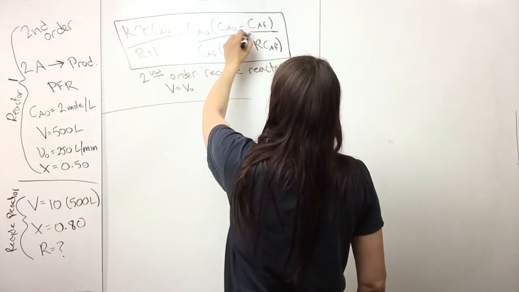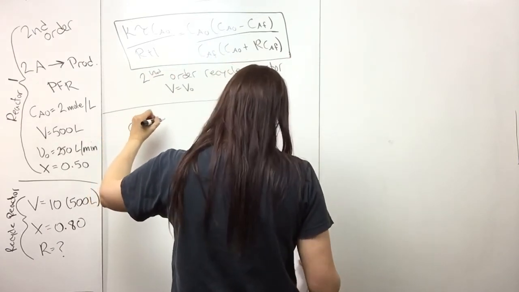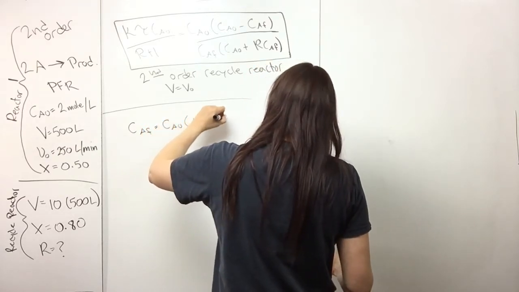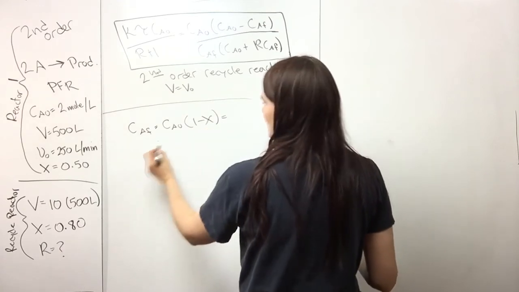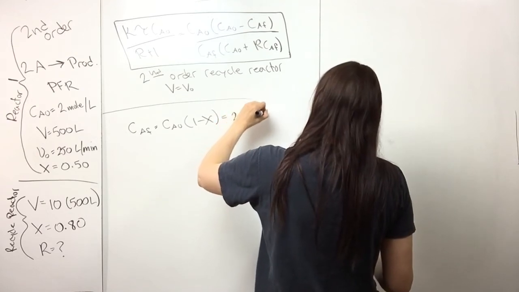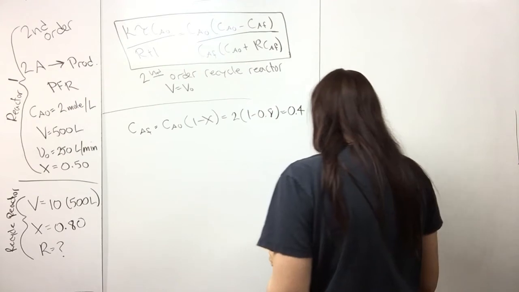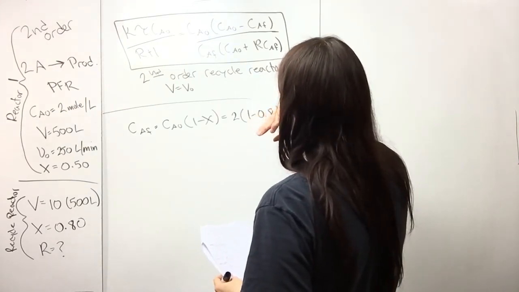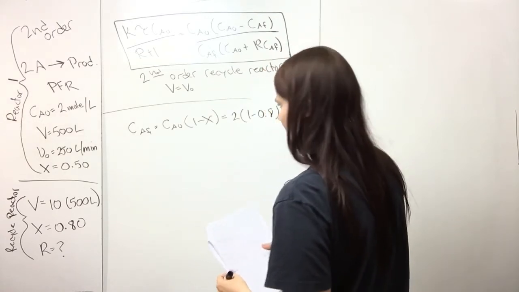We can calculate CAF, so we know that CAF is equal to CA naught (1 minus X), and we know that X is 0.8 in this case, so this is just equal to CA naught, which is 2, multiplied by 1 minus 0.8, so that's 0.4.